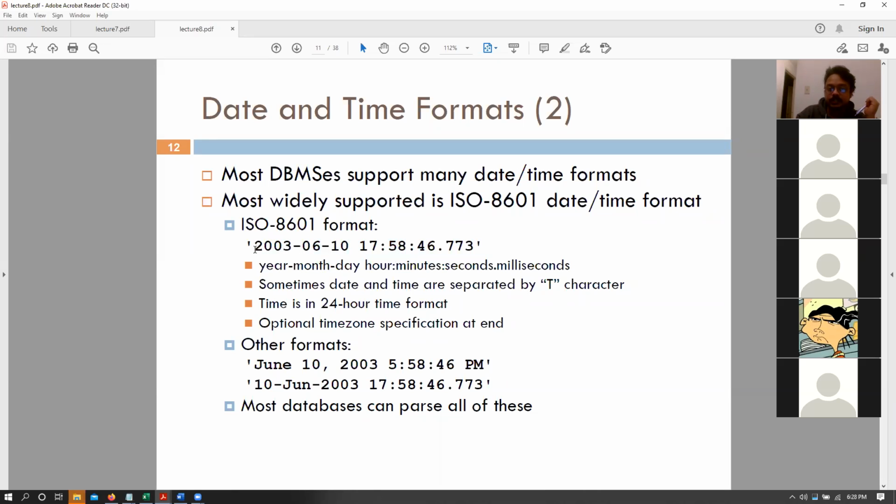Because the year changes at the very end, and milliseconds and microseconds change first, followed by minutes, followed by hours, followed by dates, followed by months, and then years. So it also allows us to sort them alphabetically and get those results.